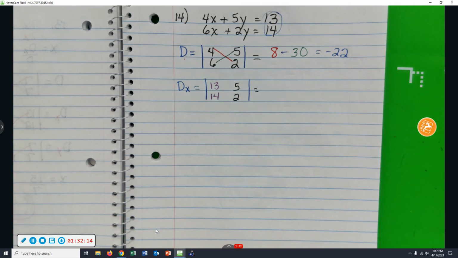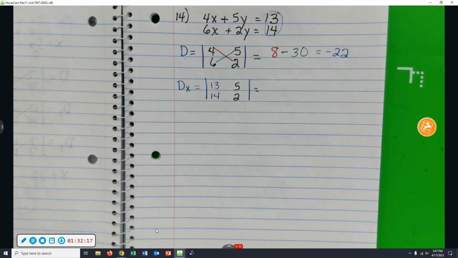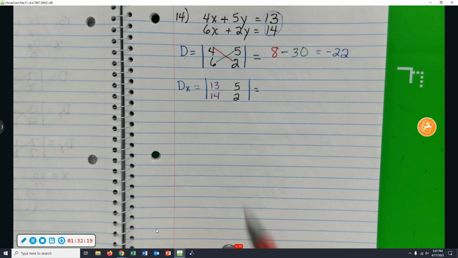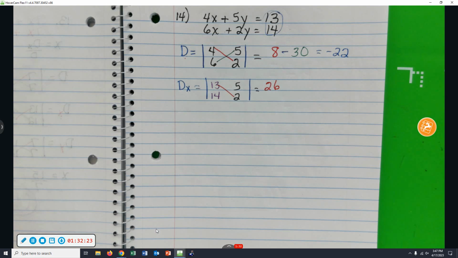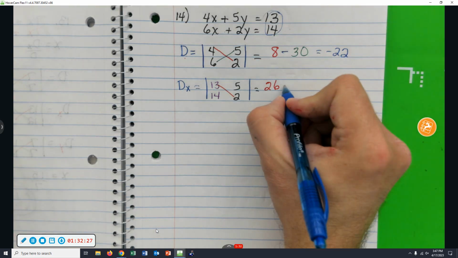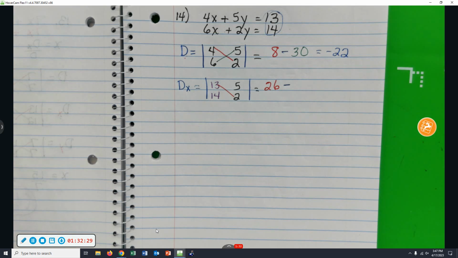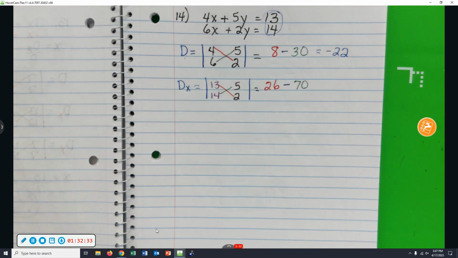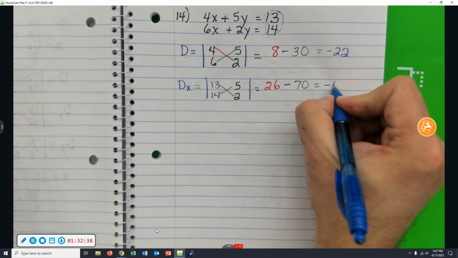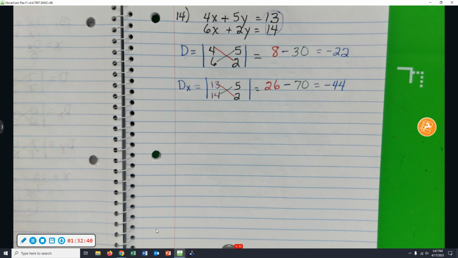And do that little crisscross again. So it would be 26 minus 70, and so that's negative 44. At this point you know the answer for x.